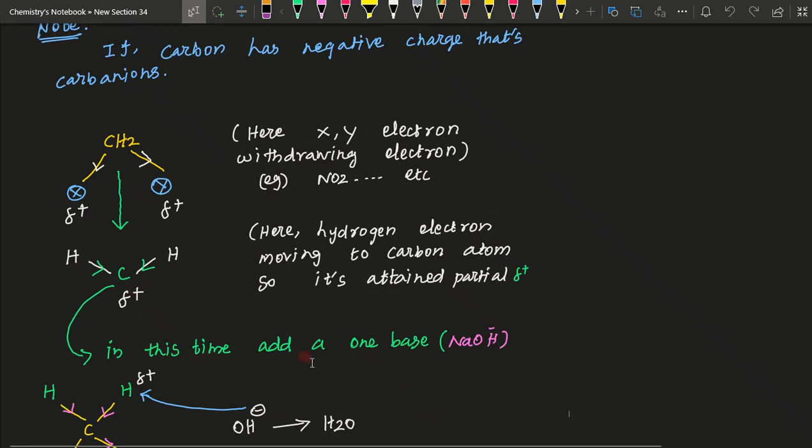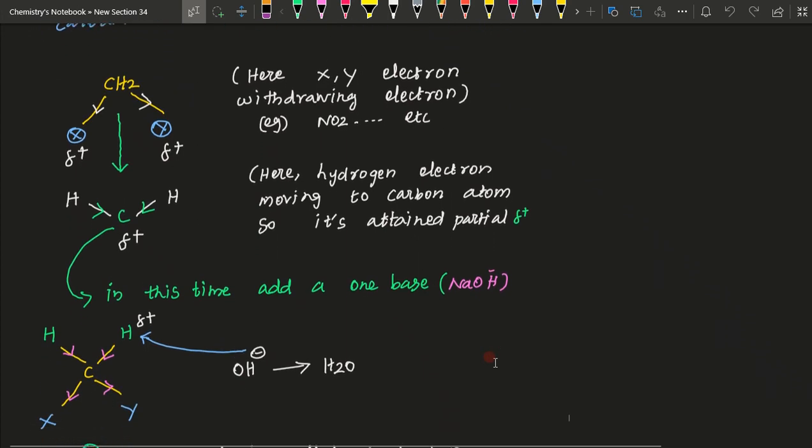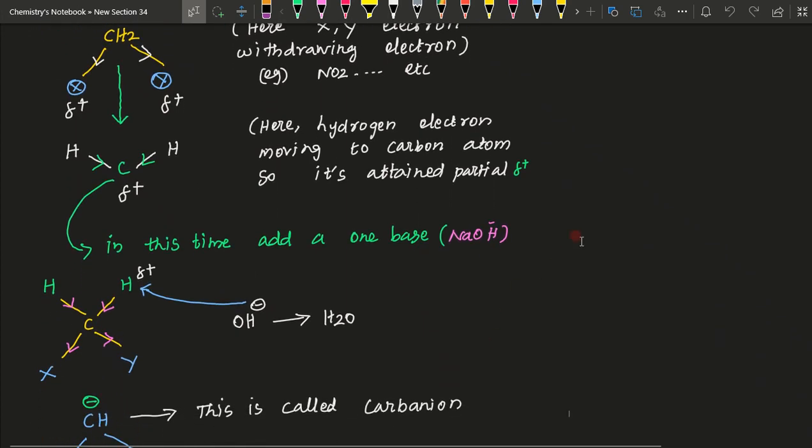In this time add a base. So for example, how does this base come? If we take sodium hydroxide, this is splitting into Na plus and OH minus.